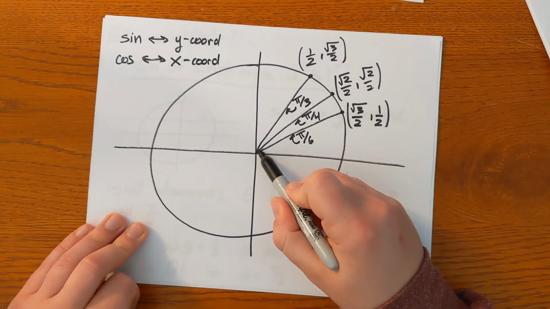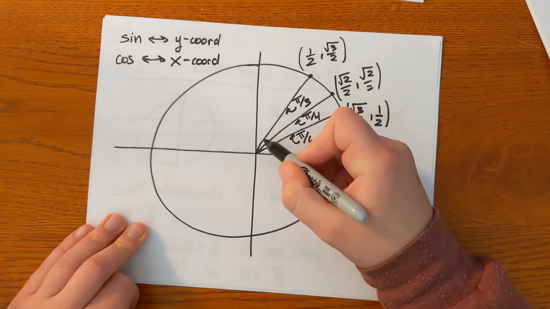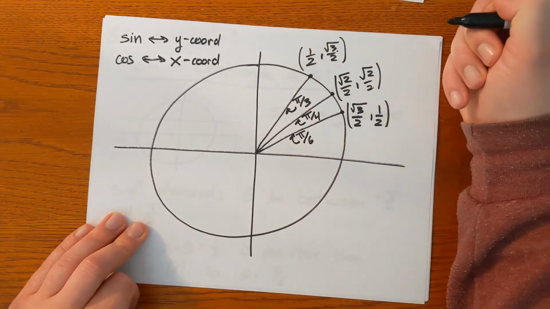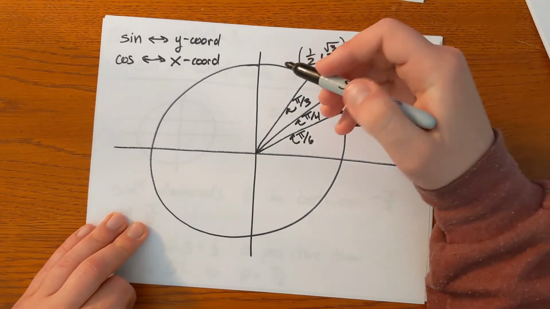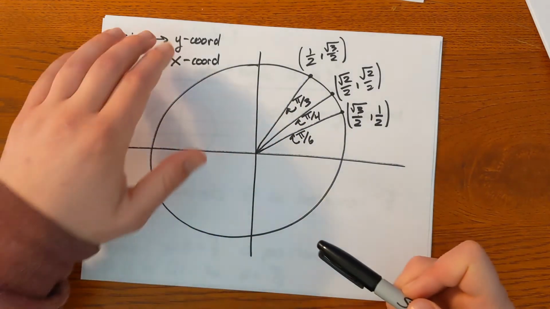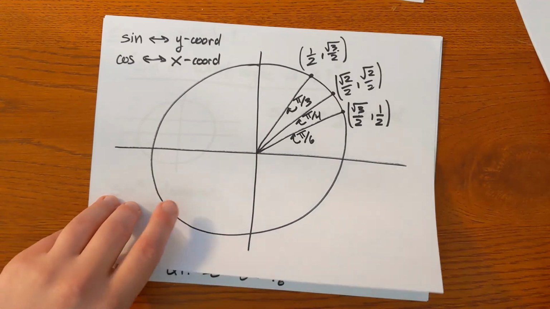So if we wanted cosine of pi over 6, that would be rad 3 over 2. If we wanted sine of pi over 3, that would also be rad 3 over 2. If we want sine, we're looking at the y-coordinate. If we want cosine, we're looking at the x-coordinate. And again, this is in an older video, so if you're a little rusty on that, just go back and check it out there.